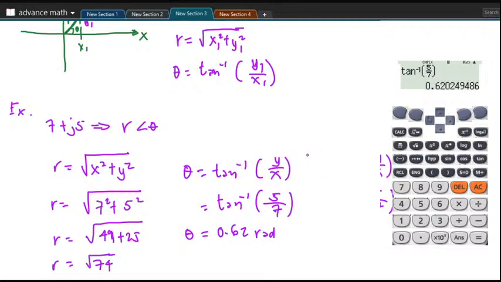So we could now rewrite our given complex number in polar form, where the r is square root of 74, angle of 0.62 radians.